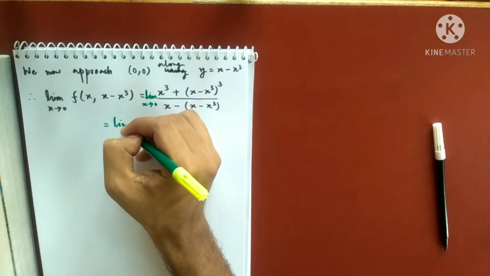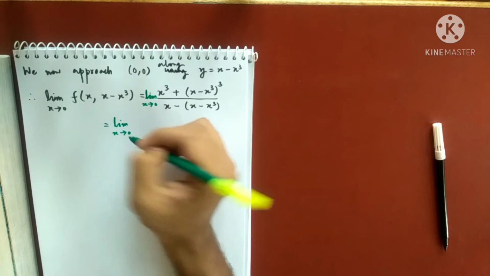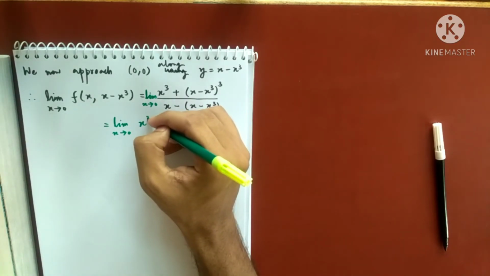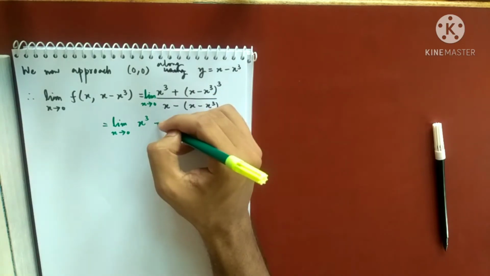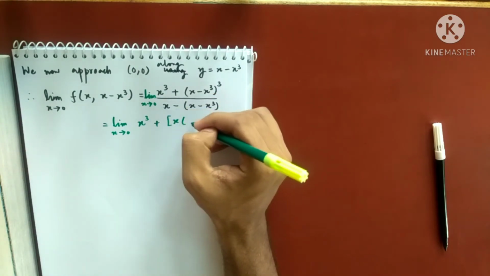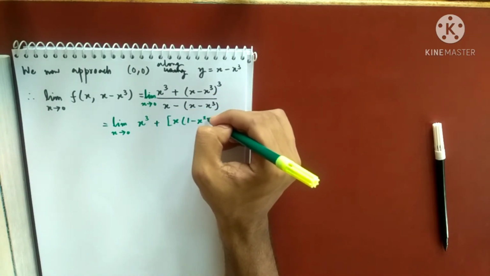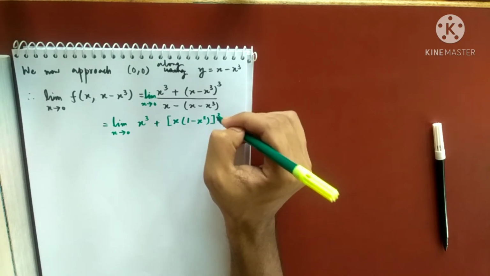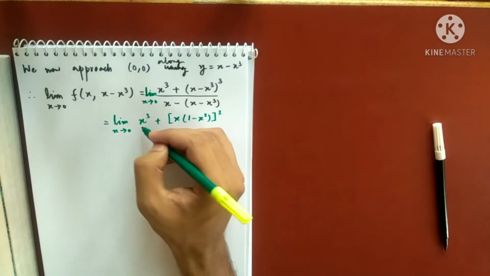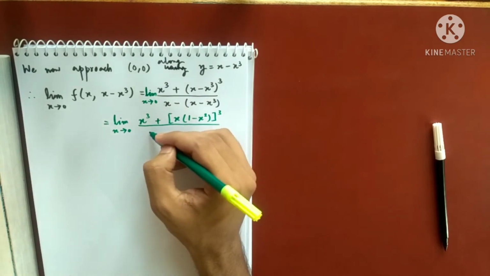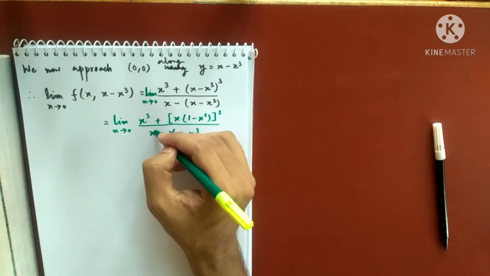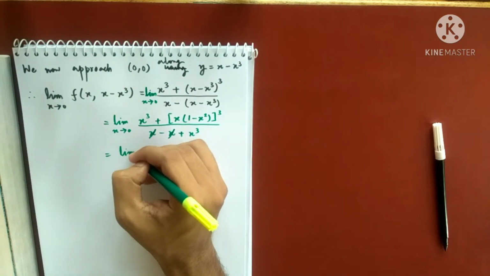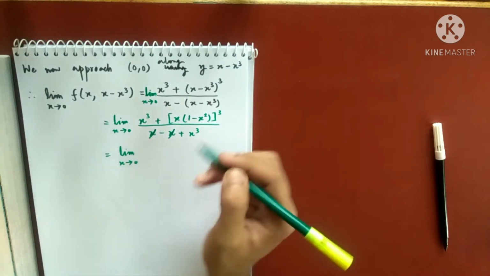So this is limit x tends to 0. Apply the formula, or what you can do, you can take x common from inside. So from inside x is common. So 1 minus x square whole cube. I'm taking things common inside the cube itself, by x minus x plus x cube. This is getting cancelled. Limit x tends to 0.